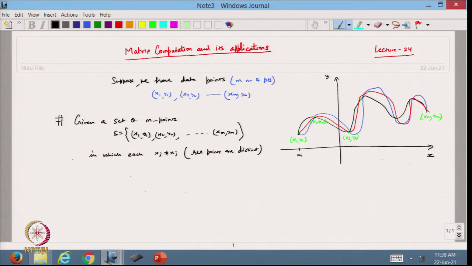This is my x1, this corresponds to x2, this is maybe x3, and this is the last one, xn. So, all my xi's are different. It means we are taking the point at this point and this point only once, never two times.